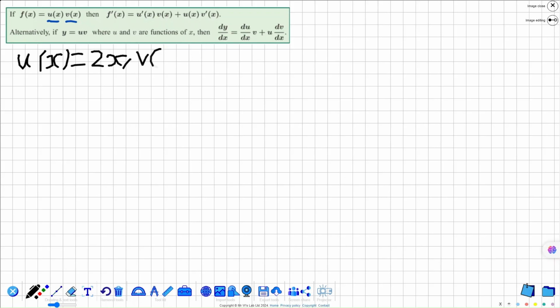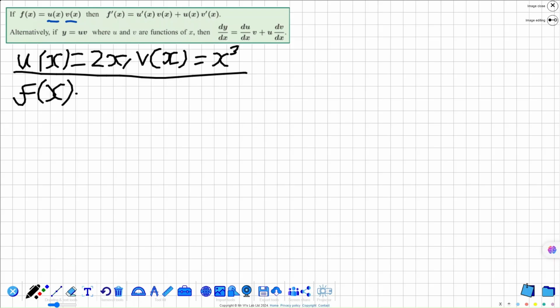And then we'll say that v(x) equals maybe x cubed, for example. So what we've got to find is f'(x), the derivative. The product rule allows us to find the derivative where, using these values, f(x) equals 2x times x squared, for example.